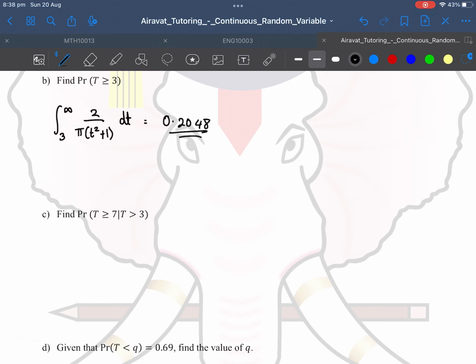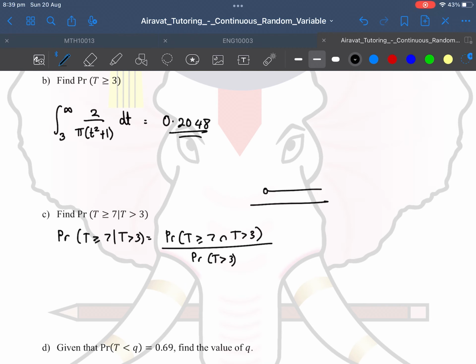Let's do this one now. So find the probability that t is greater than or equal to 7 given that t is greater than 3. So the probability that t is greater than or equal to 7 given that t is greater than 3 is going to be the probability of t greater than or equal to 7 intersection t greater than 3, divided by the probability of t greater than 3.